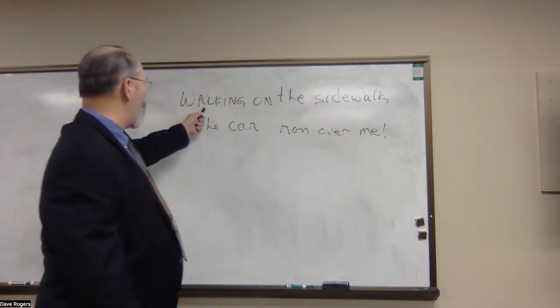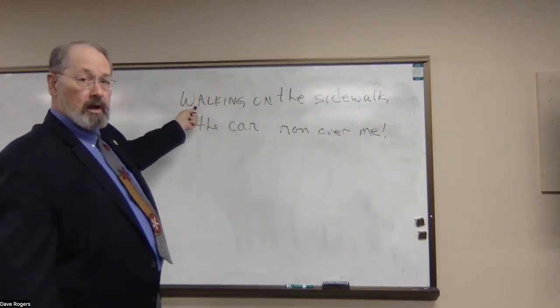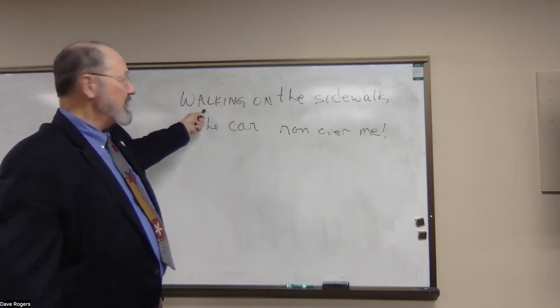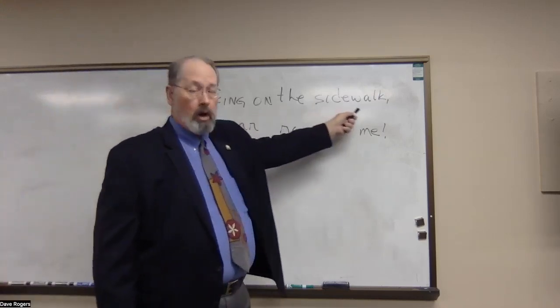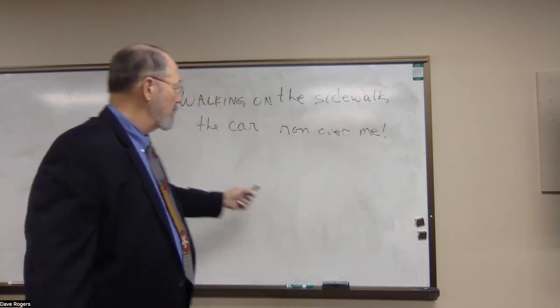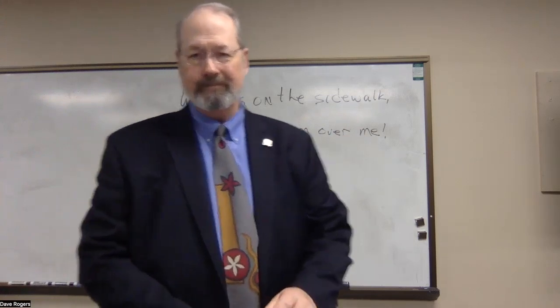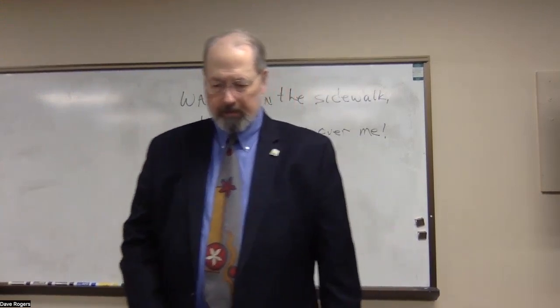See, here's a verb. Walking is a verb, a present tense active verb. Somebody, something is walking on the sidewalk. The car ran over me. Question. Have you ever seen a car walk? Cars don't walk.